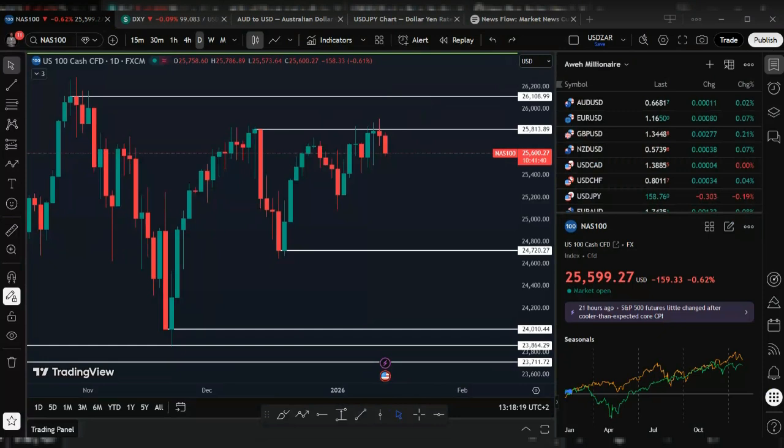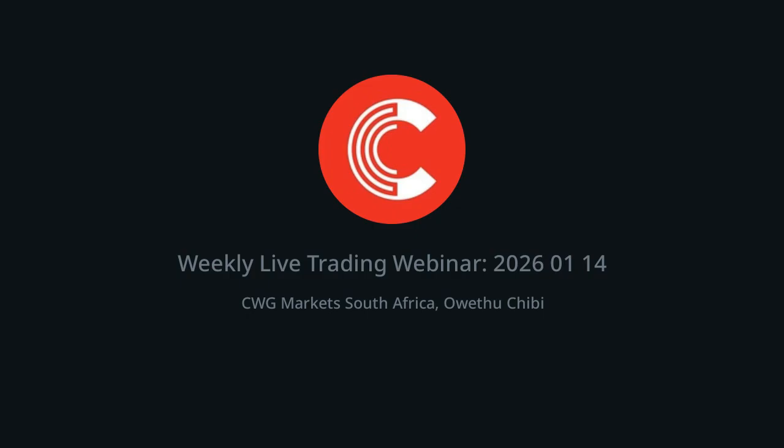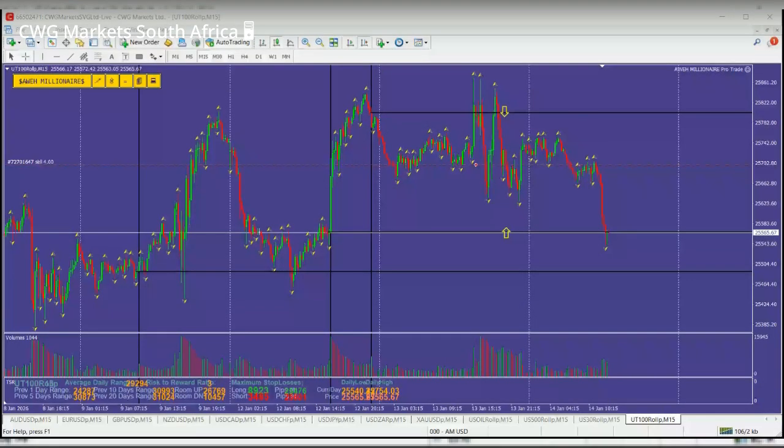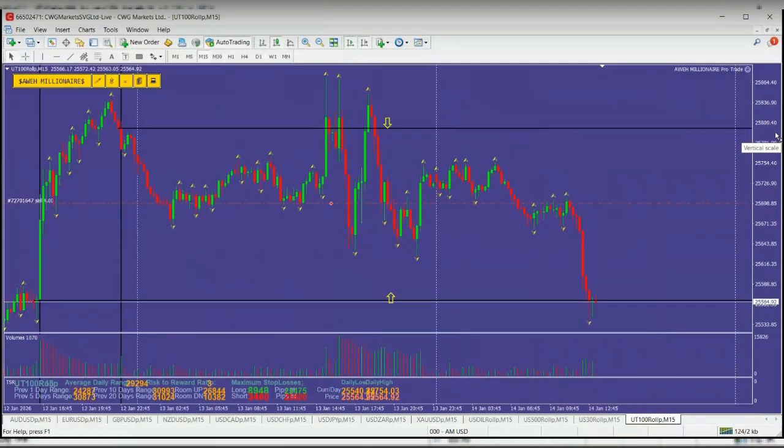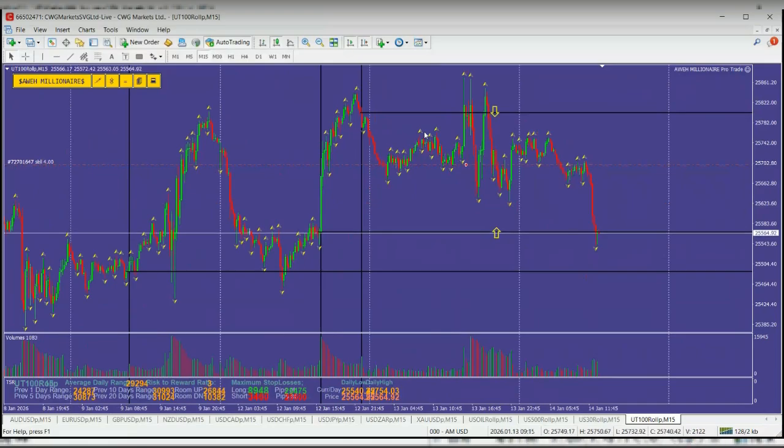So what this means in terms of intraday trading opportunities, specifically on NASDAQ, which is US100, as you know, we did have high impact news yesterday on the dollar as well. We had our CPI, which was released. So if I switch over to the chart in terms of intraday setups, we can see that price is currently testing our demand zone over here at the 25,565 level.